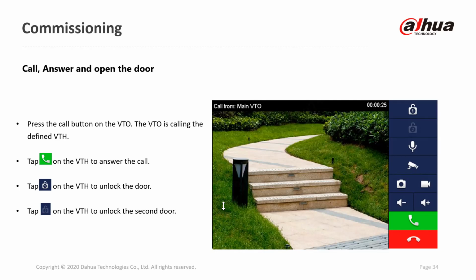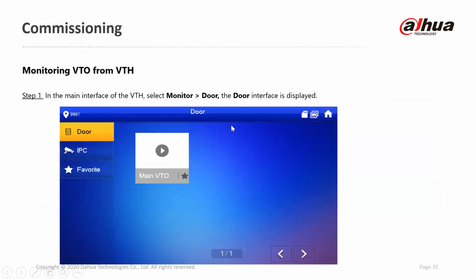Then tap on the VTH to answer the calls, on the VTH to unlock the doors, the VTH to unlock the second door. Monitoring the VTO from the VTH: in the main interface of the VTH, select the monitor, door, and the door interface is displayed.